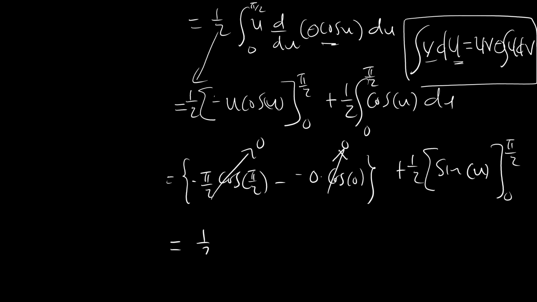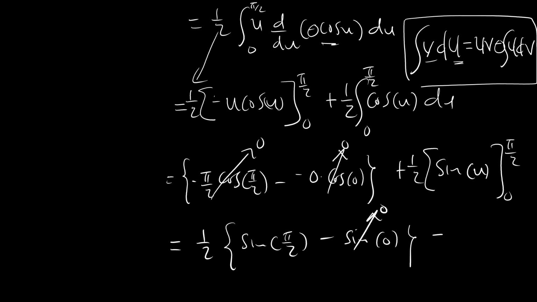So we're left now with a half sine of pi over 2 minus sine of 0. Sine of pi over 2 is 1, so we're left with 1 times a half, which is a half.